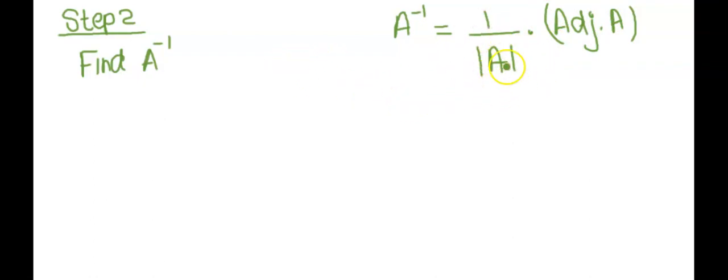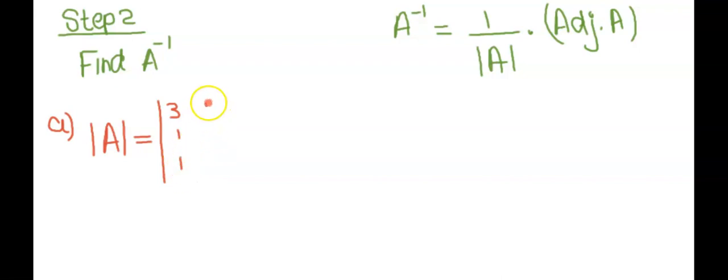Now you need to use the matrix A to find the determinant. So I'm going to call that step 2A. Step 2A is find the A determinant. You have the matrix A. The matrix A was 3, 1, 1, 2, minus 2, 0, 1, minus 1, 3.